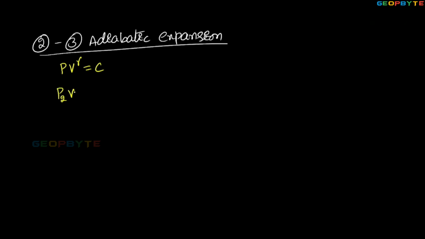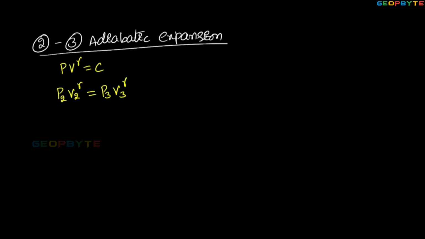Listen carefully, adiabatic expansion. For this adiabatic expansion, the relation between the pressure and volume is PV power gamma equal to constant. That means P2 V2 power gamma equal to P3 V3 power gamma. Understood? If the process is from 1 to 2, then P1 V1 power gamma equal to P2 V2 power gamma.